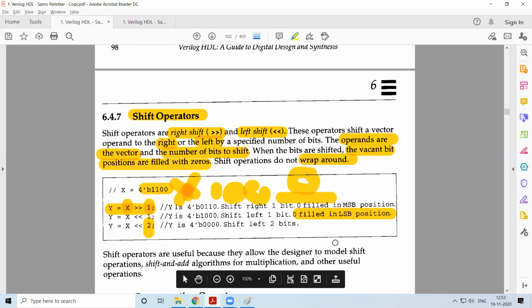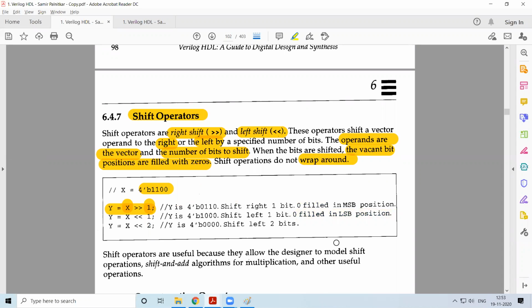Here you're performing two shifts. When we perform two shifts, this bit moves once here and once here. This bit moves once here and once here. Similarly, this bit moves twice.